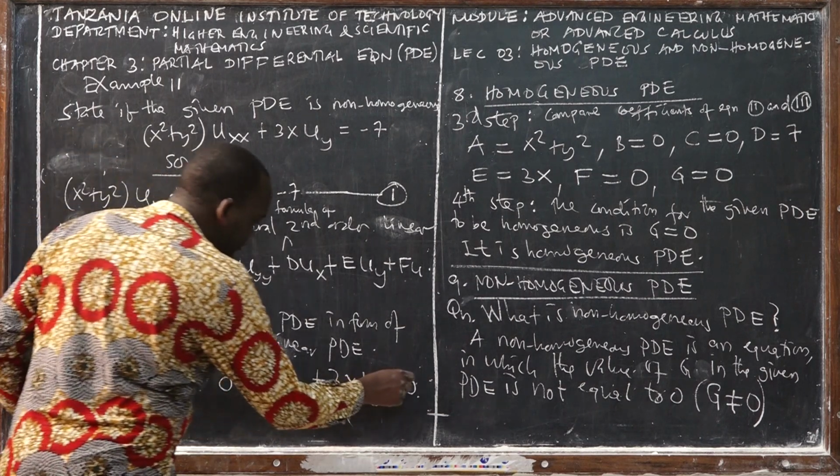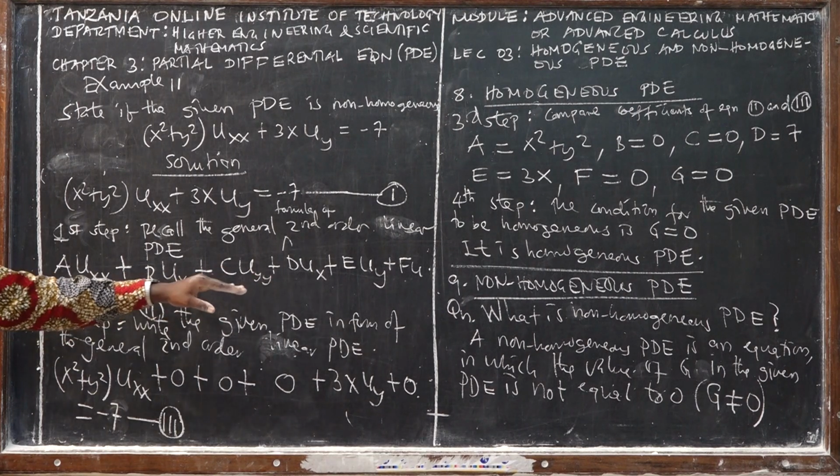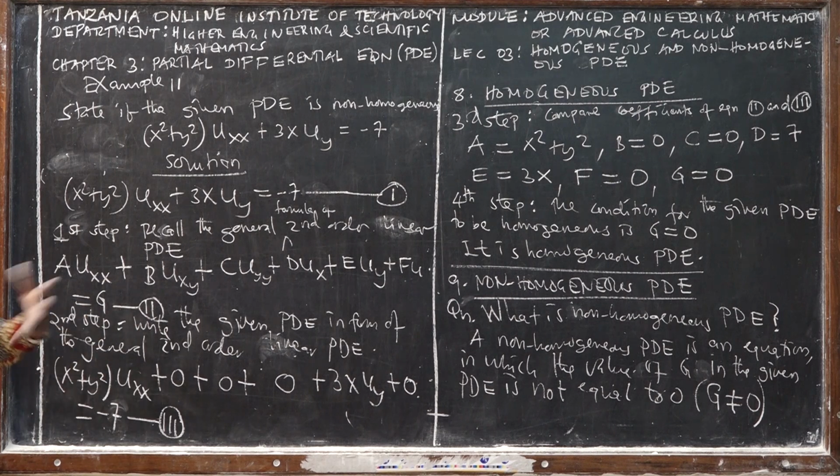Plus 0 on the left hand side. Now we have a number which is -7. Are you together? Because remember G has no u at all. Remember, all the others are coefficients, but G is a function of x or y or a constant number. Okay? Do we understand each other? Understand that. So it is very easy to see G.